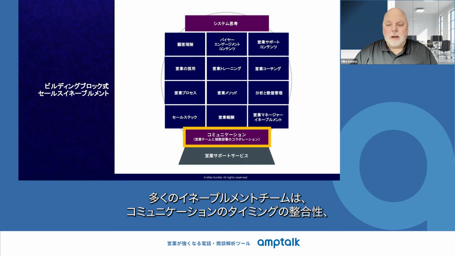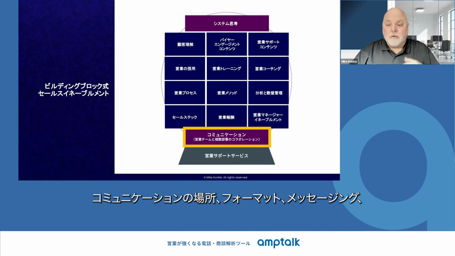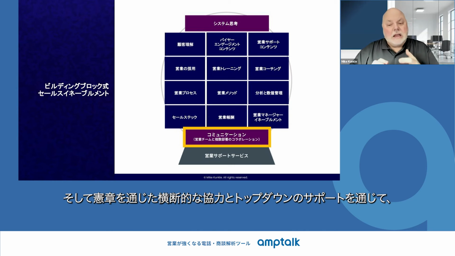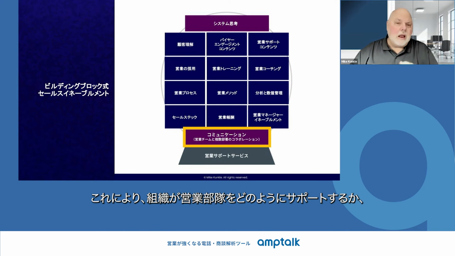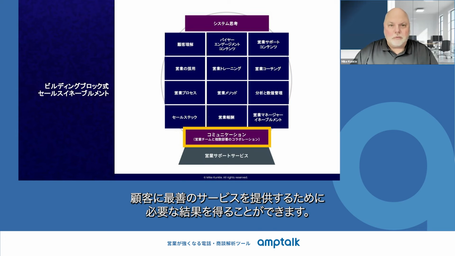Many enablement teams are the communication conduit to the sales force for consistency of timing, where to find communications, formatting and messaging.